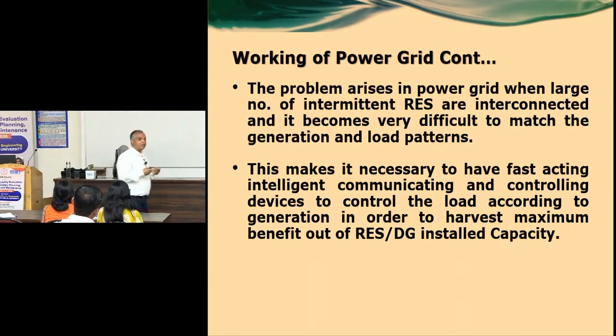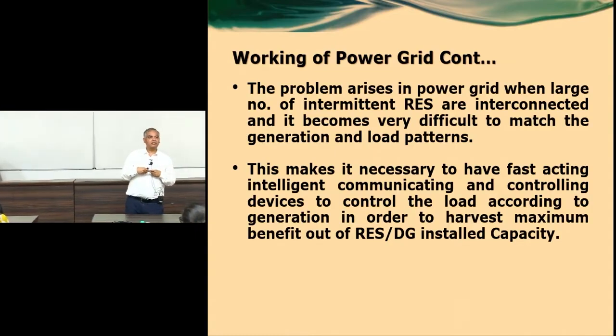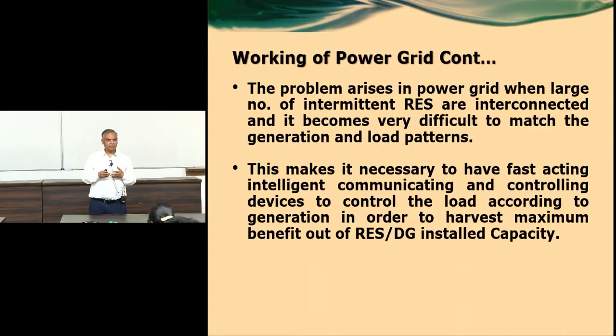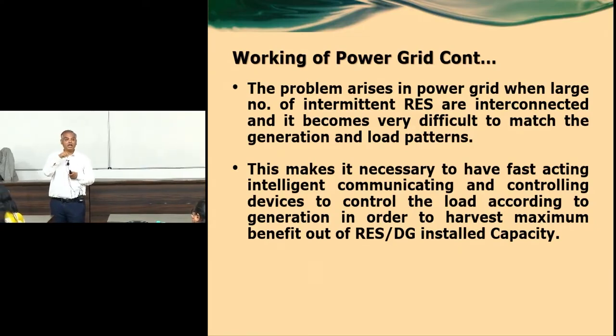So we suggested that instead of having a dedicated additional bulky reactor, or a thyristor switched reactor, we must utilize the installed reactive power capability of the grid-tied converter only. So what we did, we calculated the amount of reactive power which a device can give in proportion to its rating.